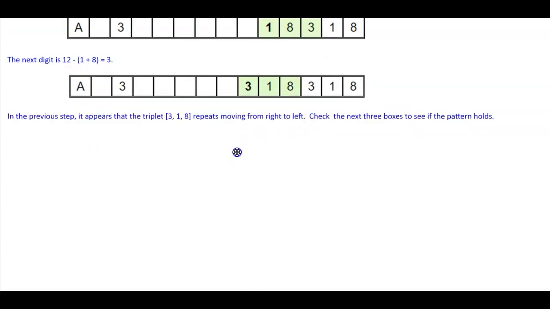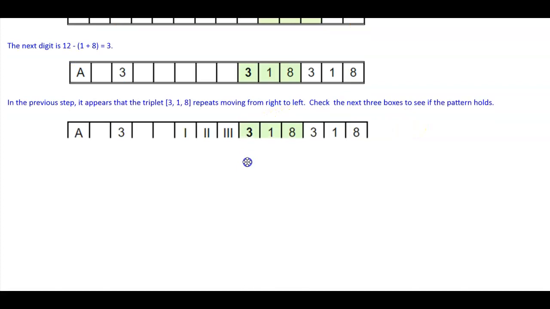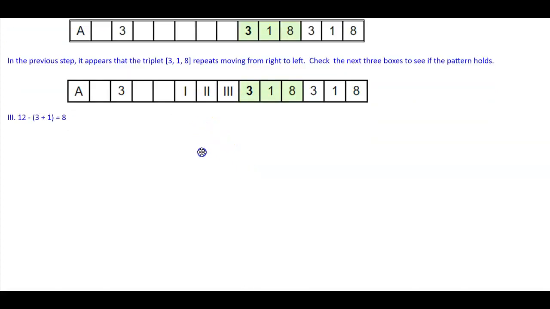Now, in the previous step, it appears that the triplet 3, 1, 8 repeats moving from right to left, because we get 3, 1, 8 here. And then we're going to check the next three boxes to see if the pattern holds. So we're going to call this box 1, 2, and 3.